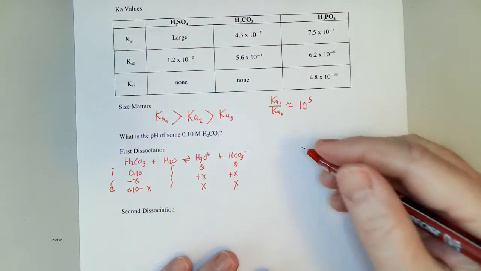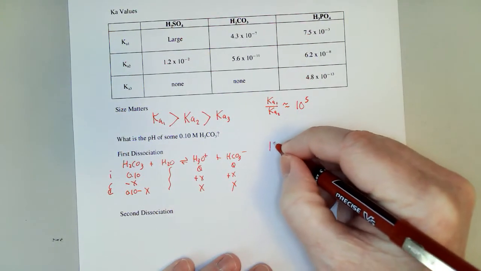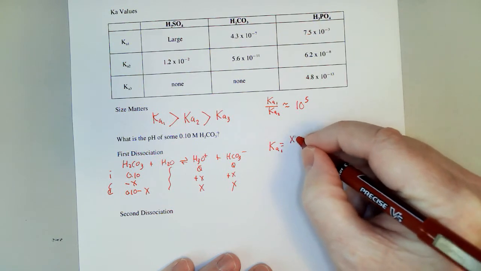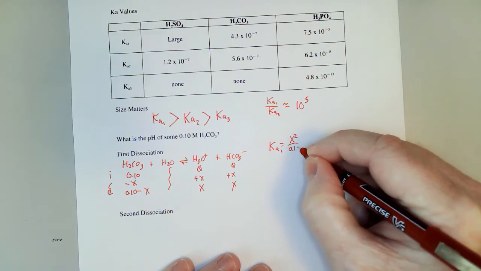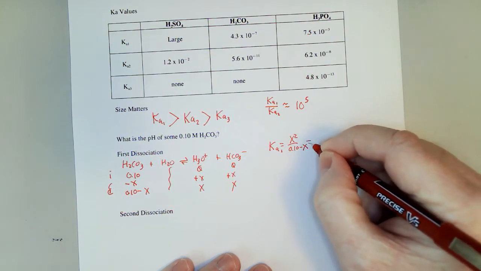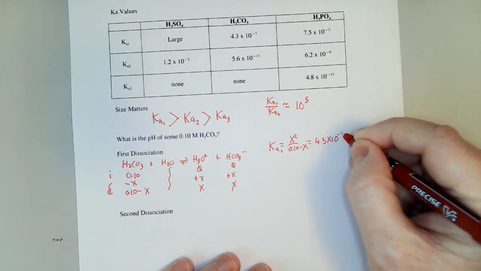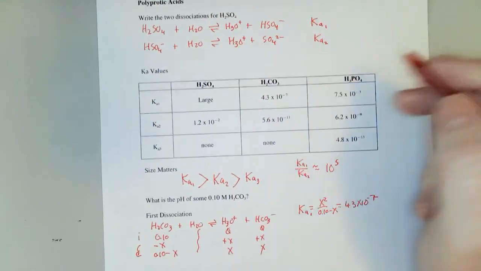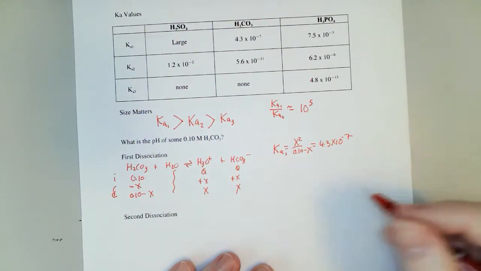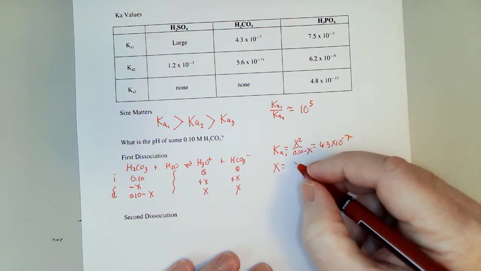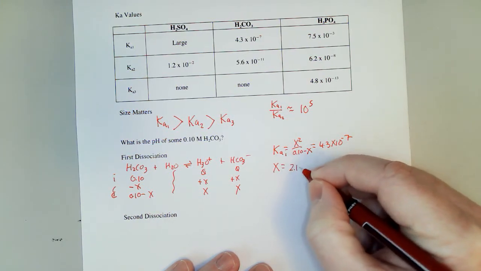Now, my Ka1 is going to equal X squared over 0.10 minus X. That's 4.3 times 10 to the negative 7th. I got that out of the table up above. So doing a little bit of math here, X ends up equaling 2.1 times 10 to the negative 4th.